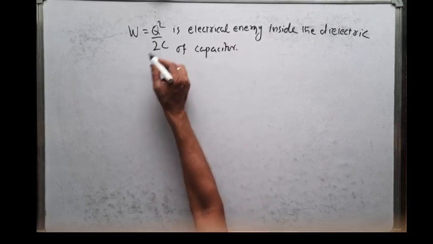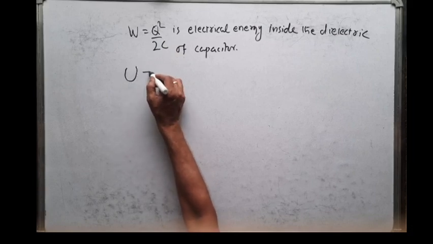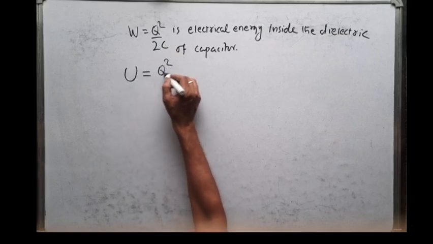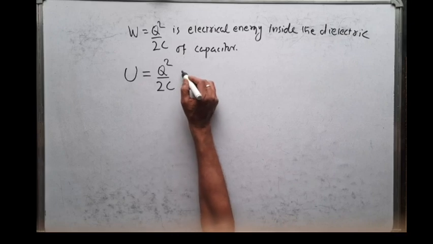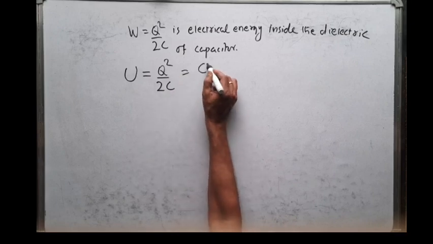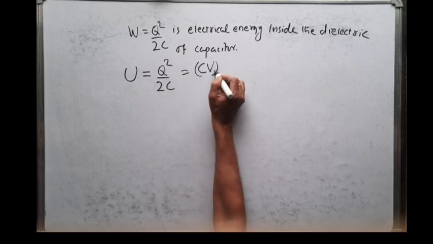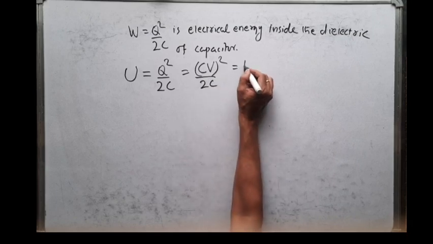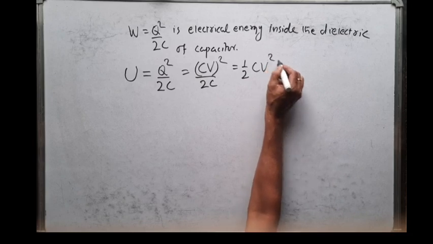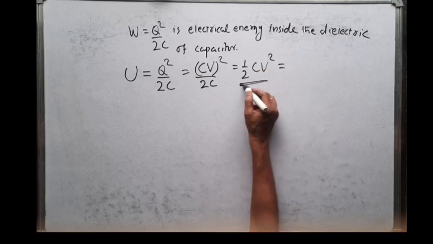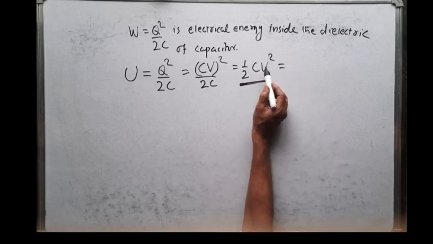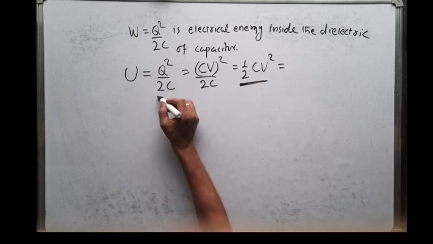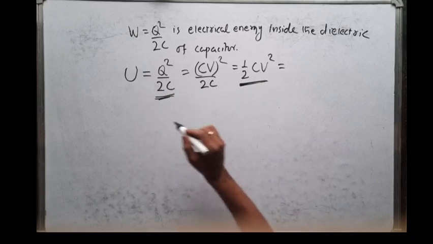This work done is nothing but your potential energy, electrical energy. The formula is Q square by 2C. And we know Q is equal to C into V, so Q square by 2C is C square V square by 2C. C square and C cancel, so it is half CV square. This is the potential energy in terms of capacitance and voltage, and the earlier one is in terms of charge and capacitance.